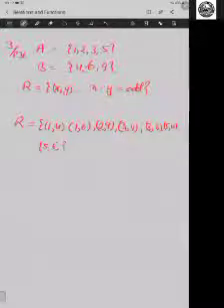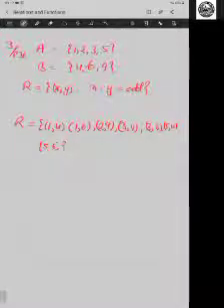So these are the pairs in which the difference will remain odd. So it is written in roster form.